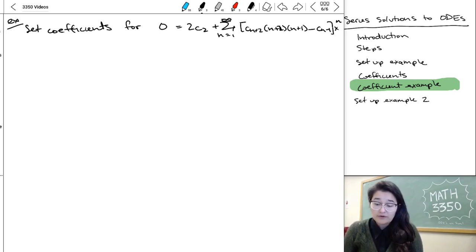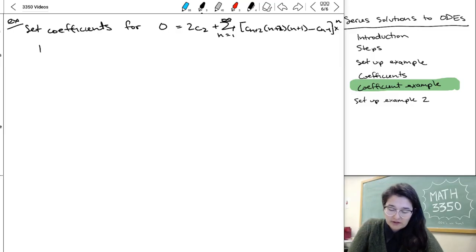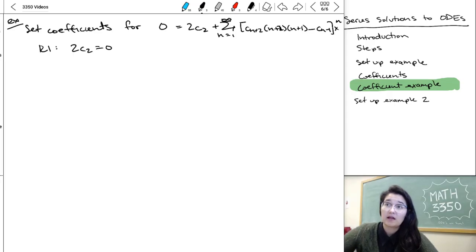So for this equation, relationship 1 is given by 2c2 equals 0. We take what's outside the series and set it equal to 0.